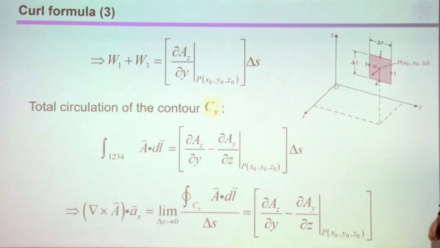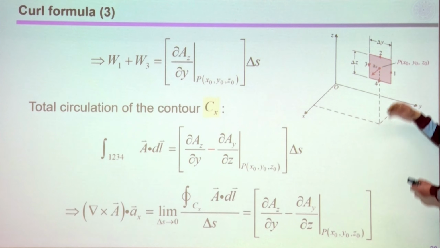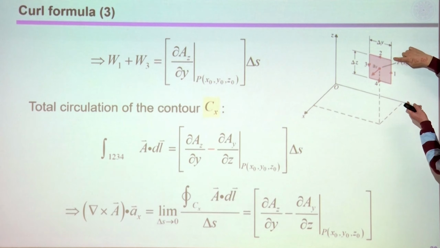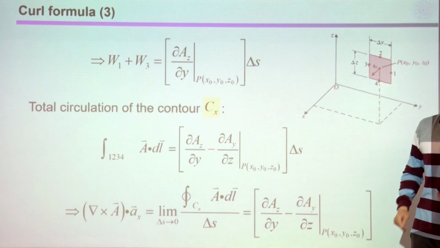So as you walk, you're trying to evaluate how much AY has some circulating component, and you're making partial differentiation in the Z direction. Just take a look. You're walking in the direction of Y, positive Y, negative Y, but your offset as compared to the center is in the Z direction. So the Z goes to the partial differentiation. The direction is defined by your segment direction.